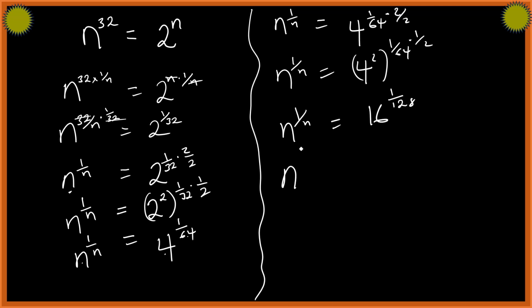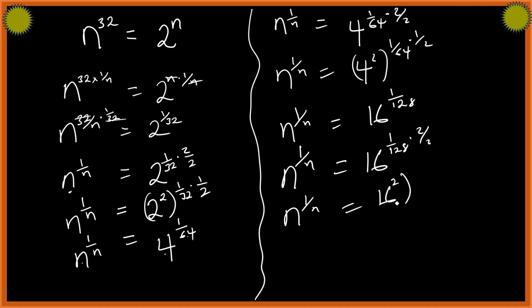We have n equals that. 16 times 2 on 2, so this side will be 16 squared, then 1 on 128 times 2.